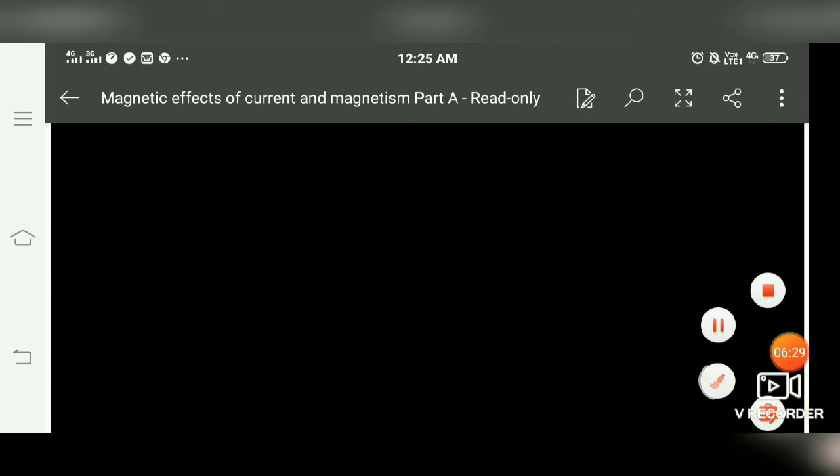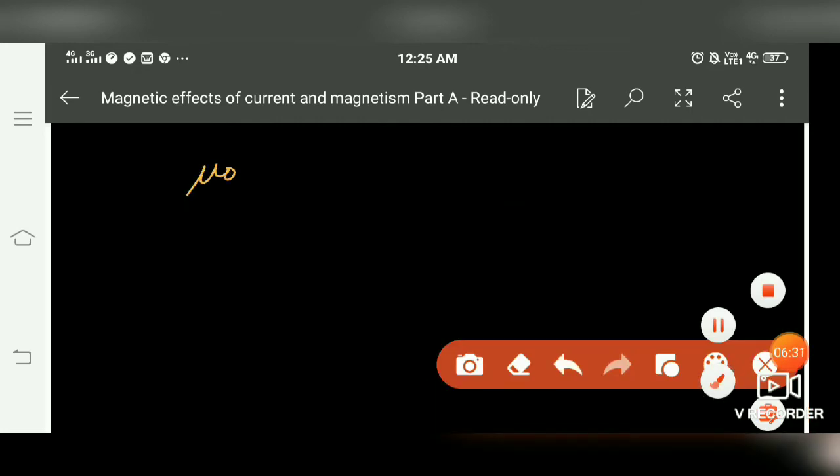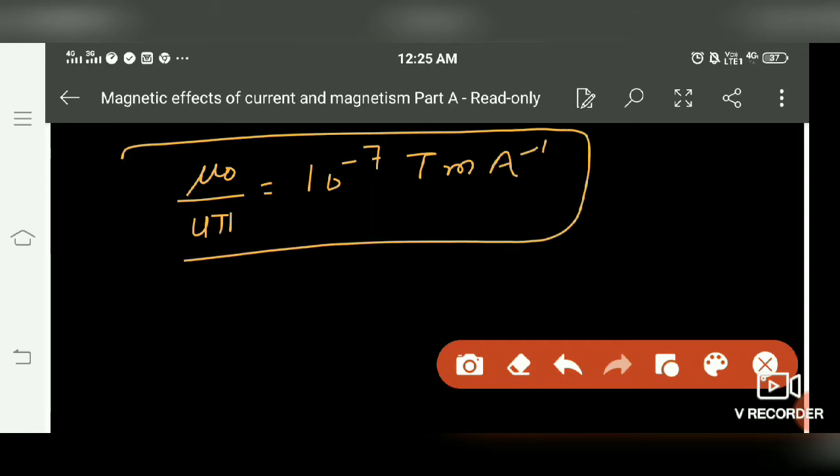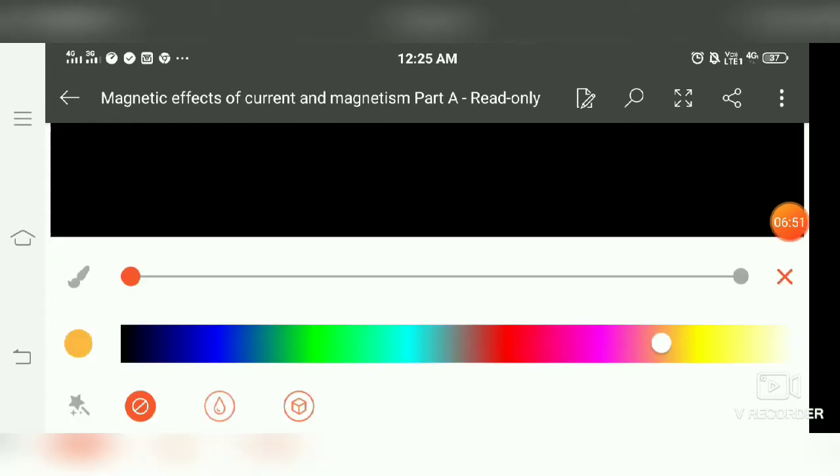Where mu naught by 4 pi has a value of 10 raised to power minus 7 Tesla meter per ampere. This is the value of mu naught by 4 pi.